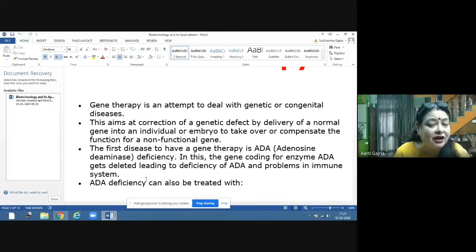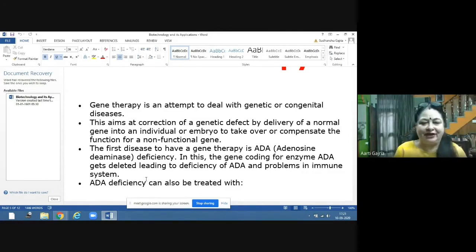There will be problems in the immune system because of the deficiency of the enzyme adenosine deaminase, and this is because of deletion of that particular gene which is responsible for production of adenosine deaminase.